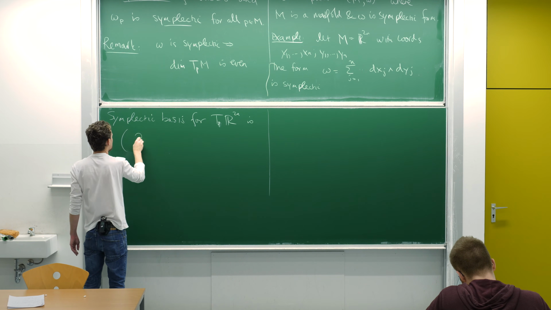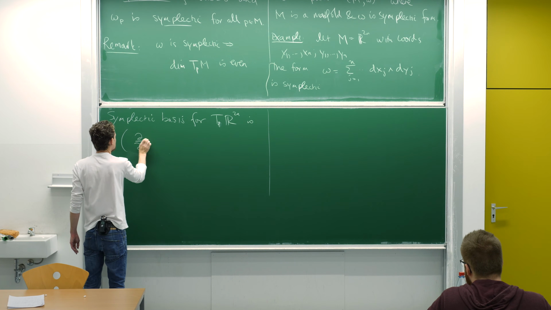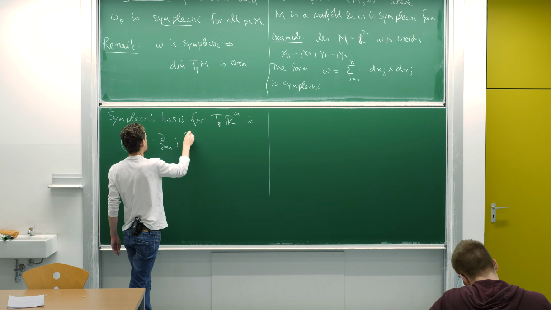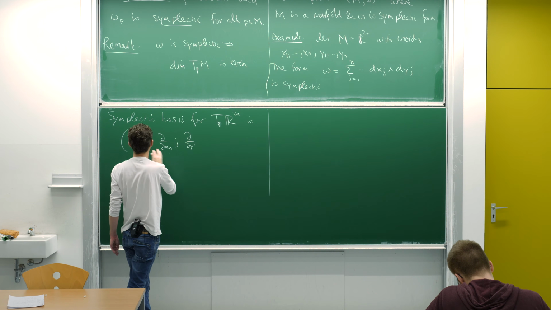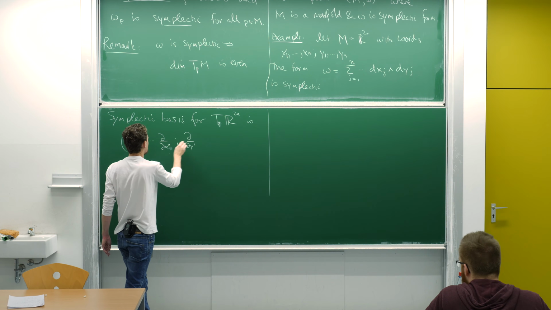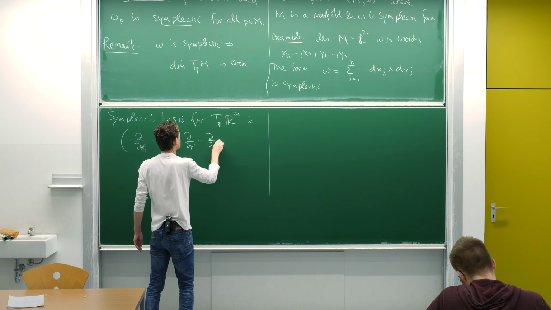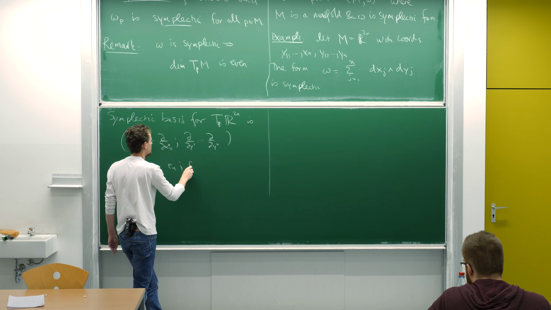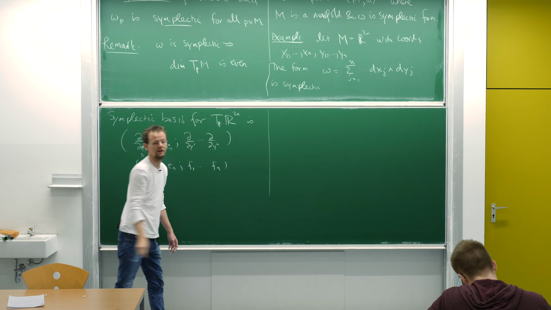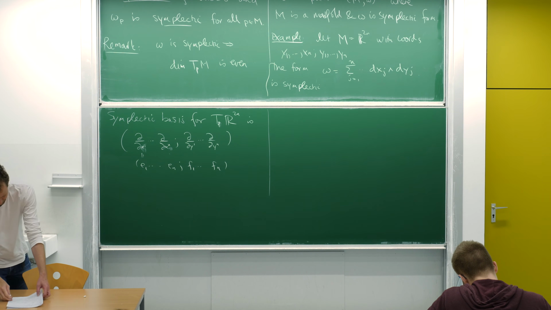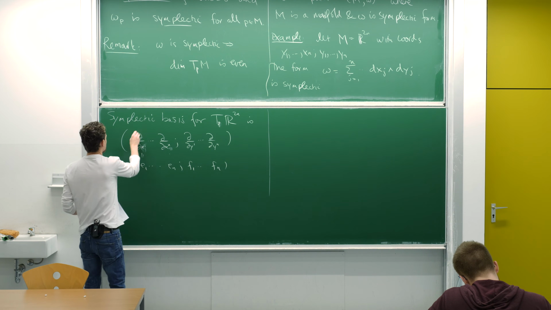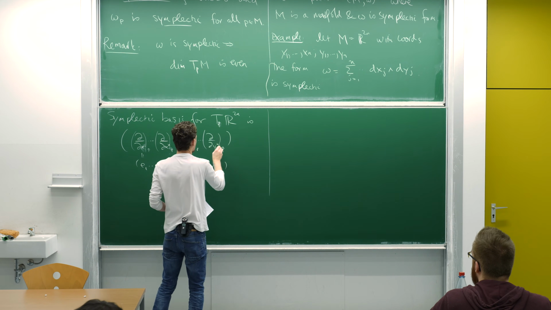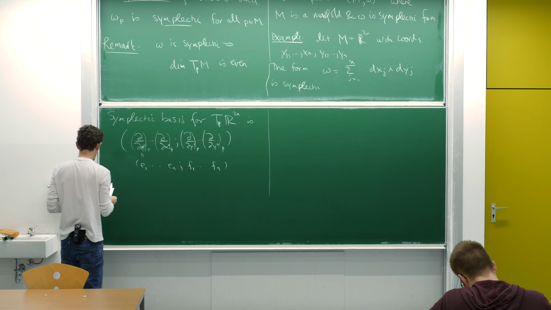So this basis is given by ∂/∂x1 up to ∂/∂xn and ∂/∂y1 up to ∂/∂yn, and these are like the e1s up to the en's, and these are the f1s up to the fn's. And this is all at the point p.